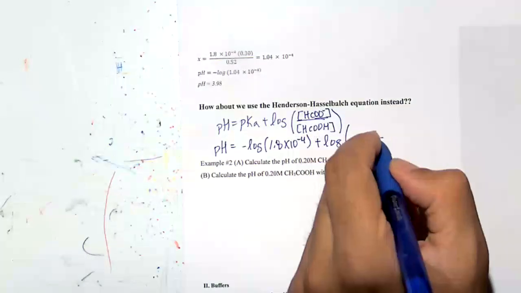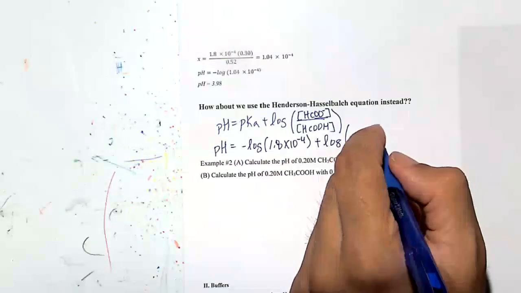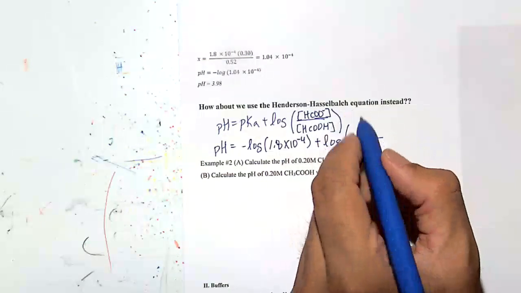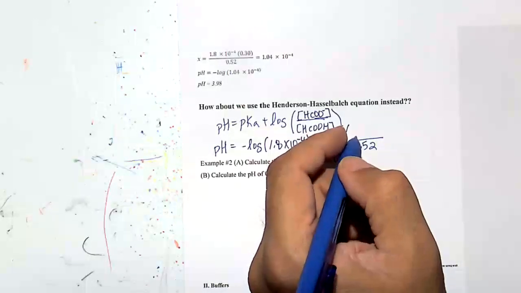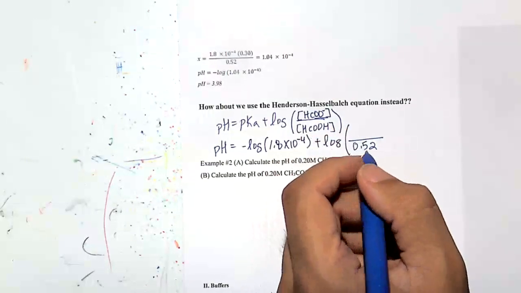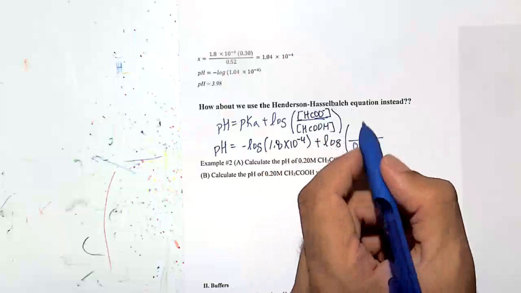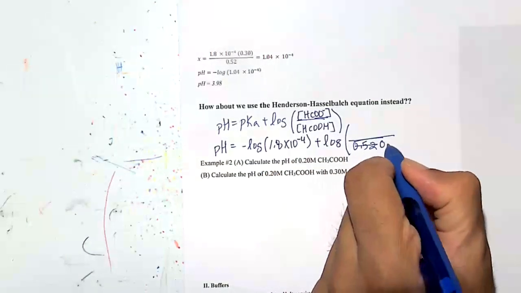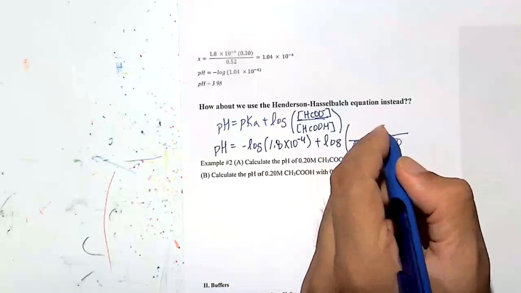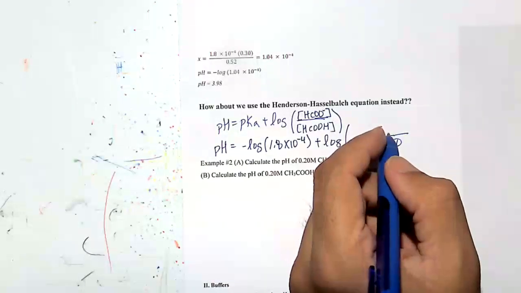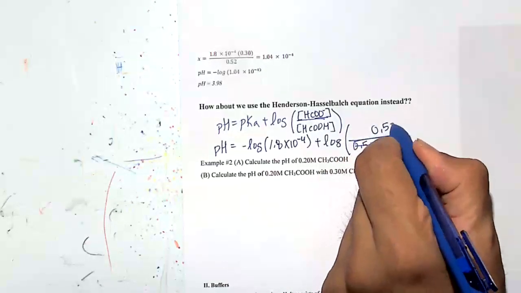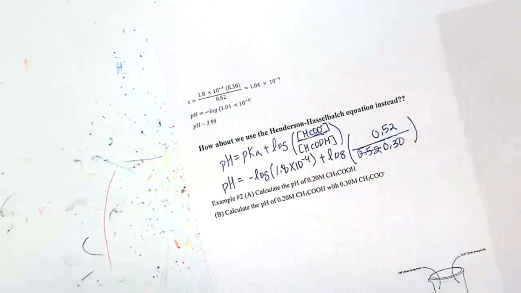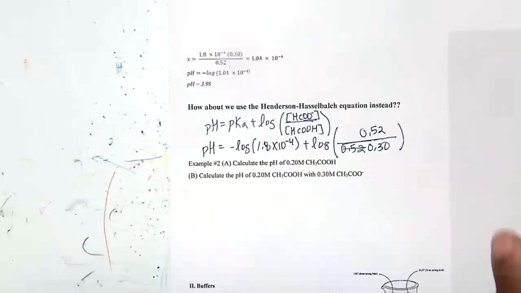What's the concentration of formic acid in this problem? Oh, I'm sorry, the concentration of formic acid here is 0.30. What's the concentration of formate in the form of potassium formate? 0.52.